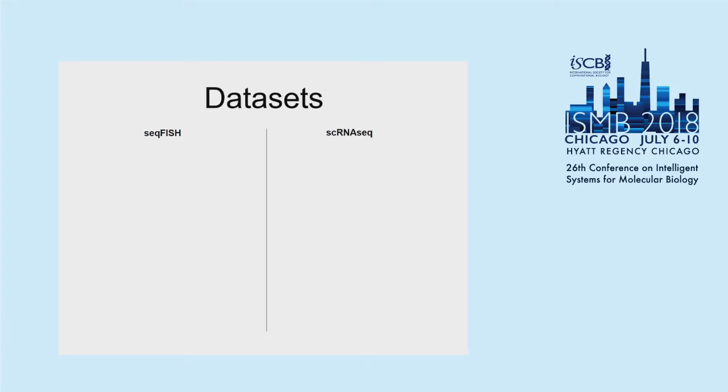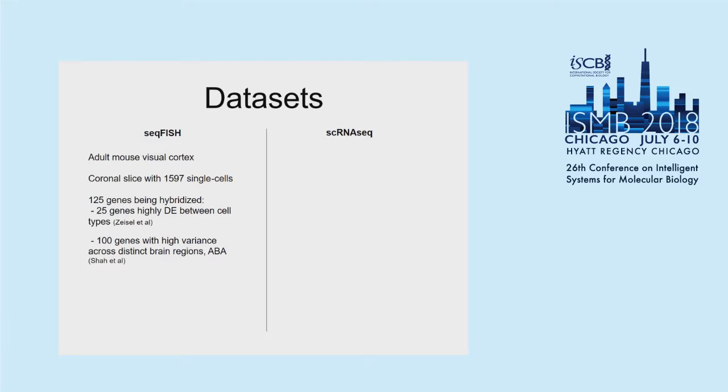So we apply this approach to study seqFISH and single-cell RNA sequencing data on the same tissue, mouse visual cortex, with over 1,500 single cells and 125 genes being measured. These 125 genes from seqFISH include 25 genes that are cell type variable genes, and the rest form spatial patterns across the whole mouse brain.